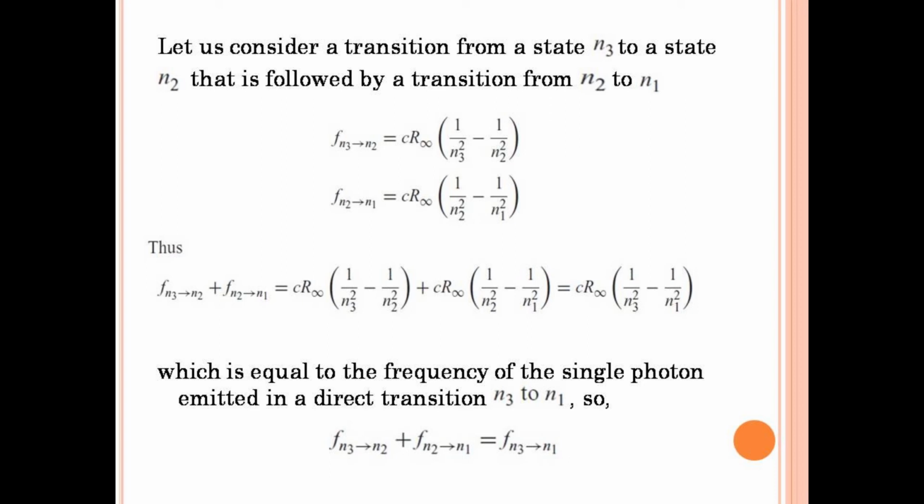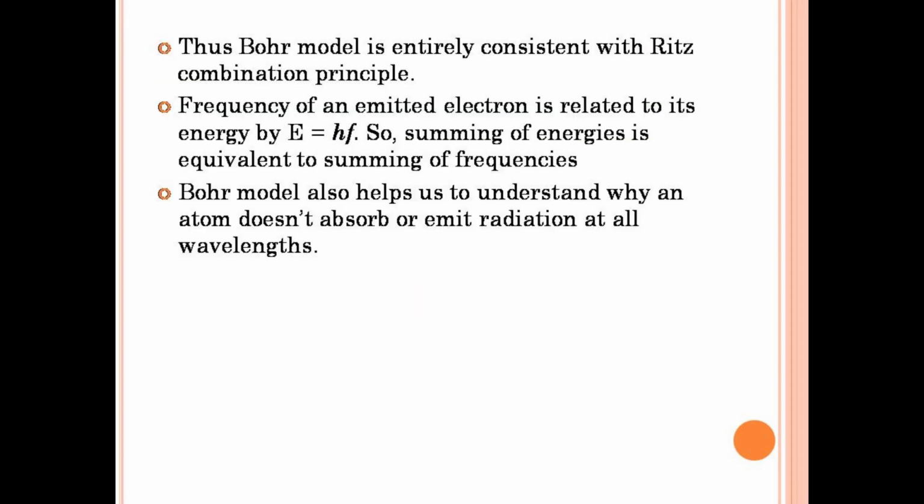So f(n3 to n1) is equal to f(n3 to n2) plus f(n2 to n1). It is clear from the equation that certain frequencies in the emission spectrum can be summed to give other frequencies. Thus, the Bohr model is entirely consistent with the Ritz combination principle.